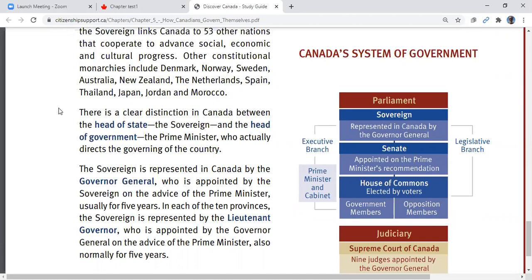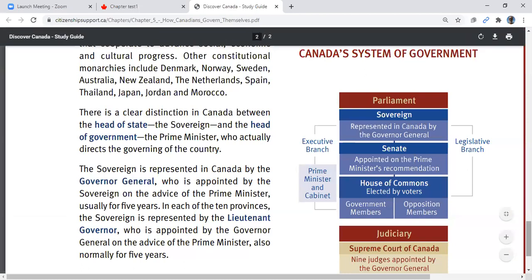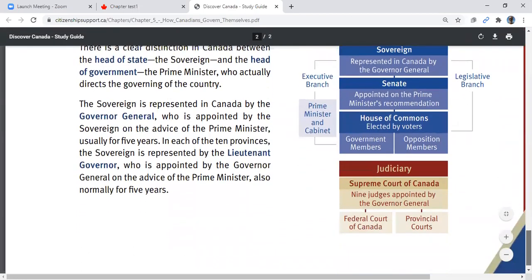And then could you read this part, please, Diala, and then we'll get Zaniba to read the next two, please. The sovereign is represented in Canada by the Governor General, who is appointed by the sovereign on the advice of the Prime Minister, usually for 5 years.